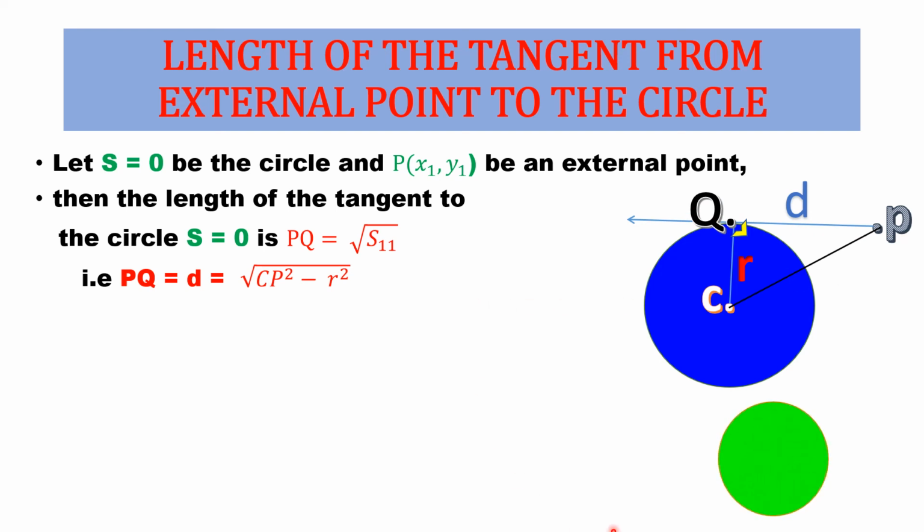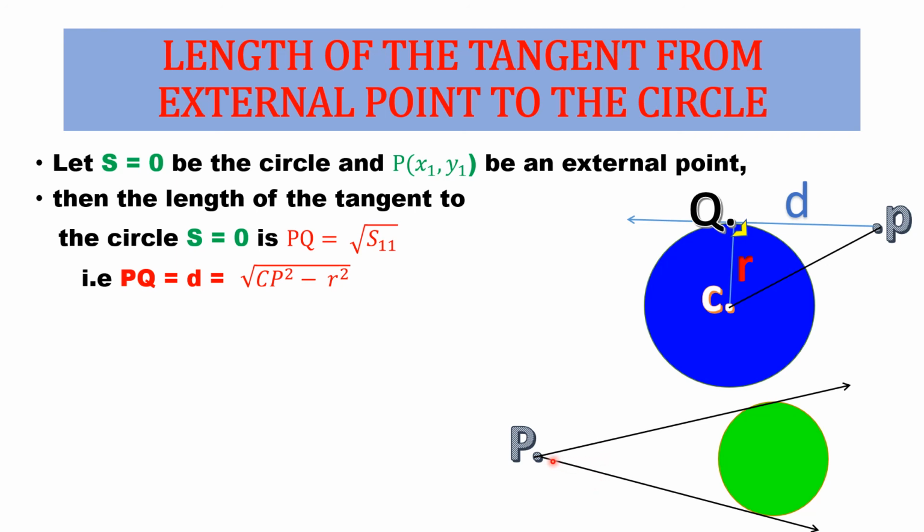Next we observe another diagram. This is a circle and P is any external point, and we draw two tangent lines from the point P to the given circle. So here we observe that the number of tangent lines from any external point to a given circle equals only 2.